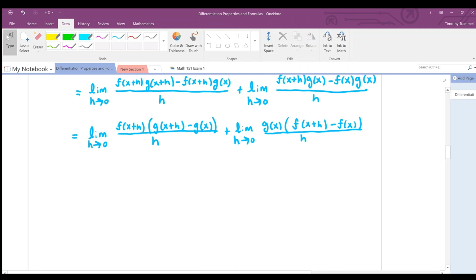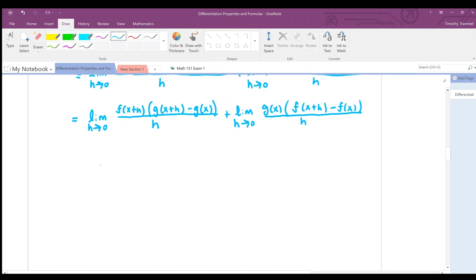All right, just a couple more steps here. Maybe we can get it done in two more. Let's pull this f of x plus h out front. All right, so we have a product here.